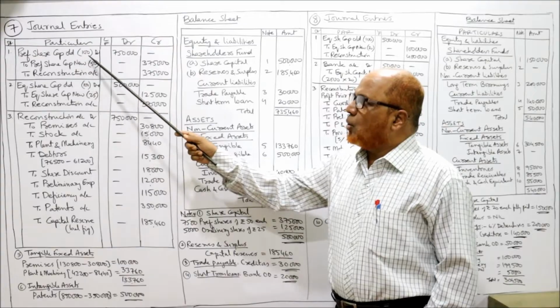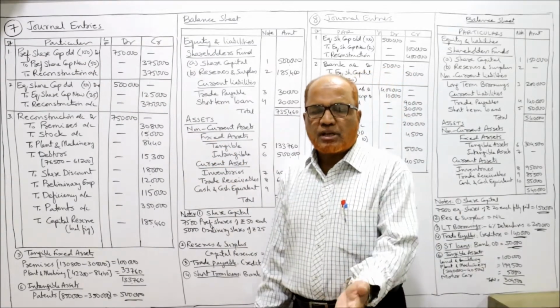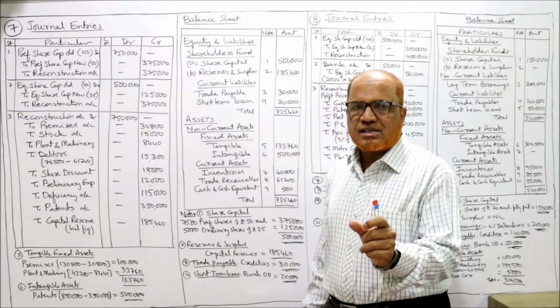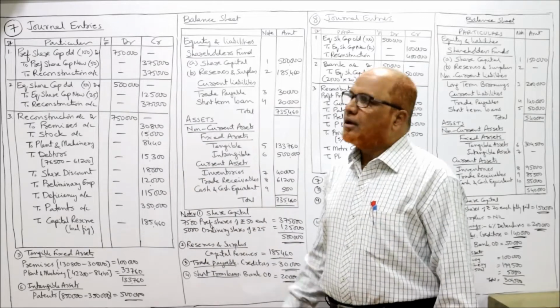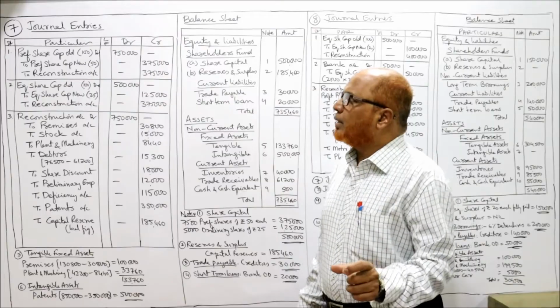Preference share capital old, 100 rupees, 7,50,000. Subscribed capital is given in the balance sheet. In the balance sheet, subscribed preference capital 7,50,000, and we cancel it by debiting. Now, preference share capital 50 rupees, equal number.